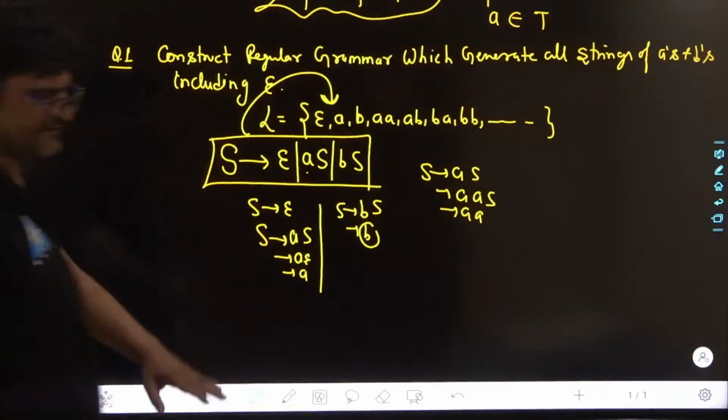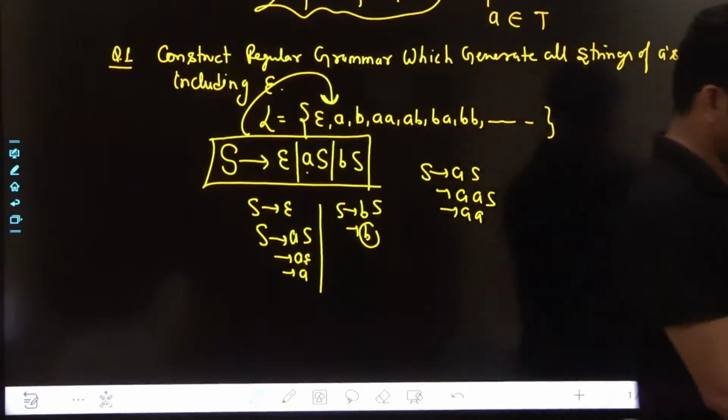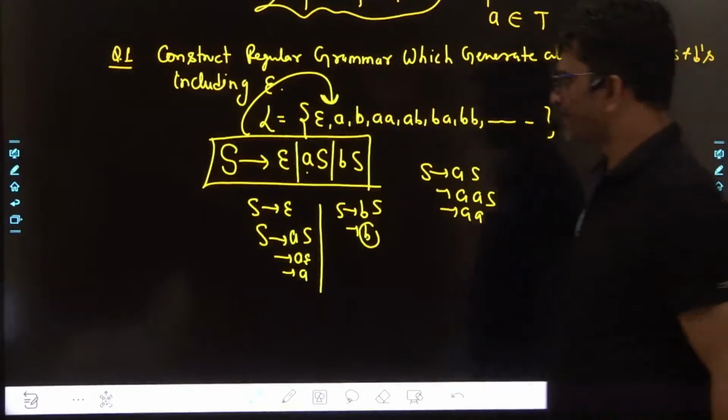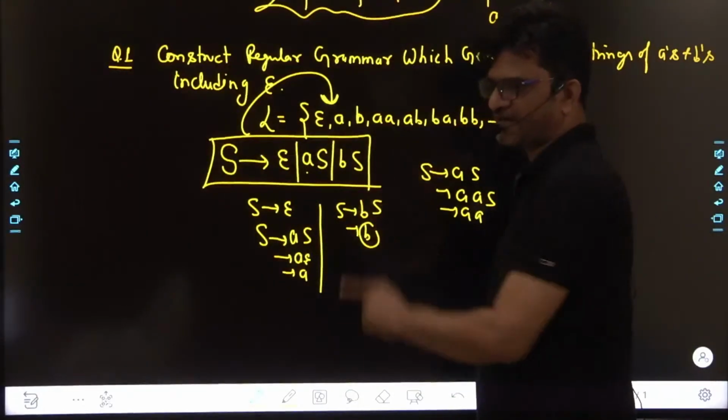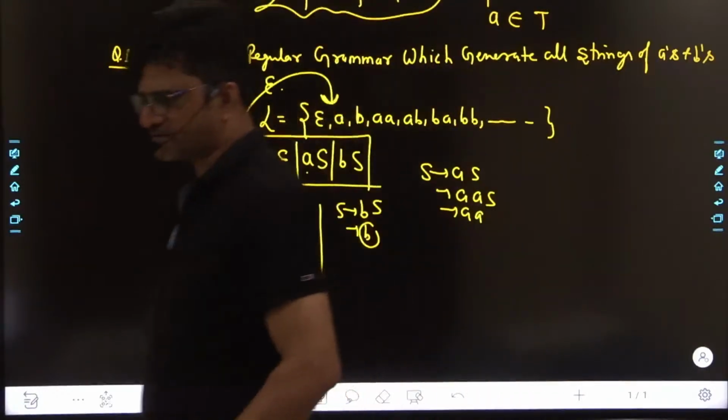Is it clear, my dear friends? Please reply fast. Is this clear or not? And see, this is the restricted right linear form. I am waiting for your response.